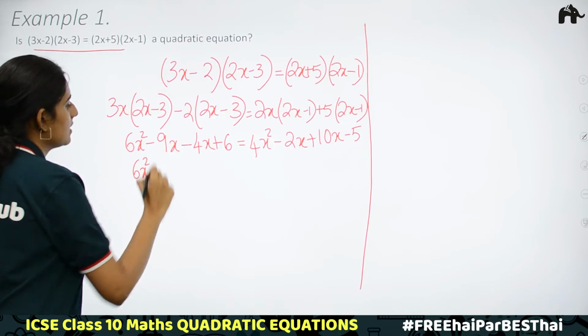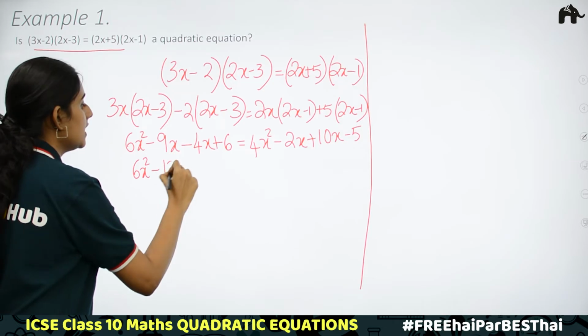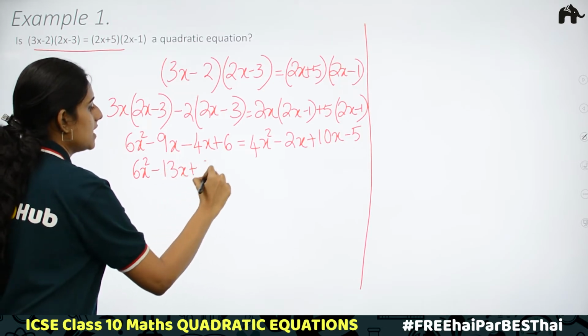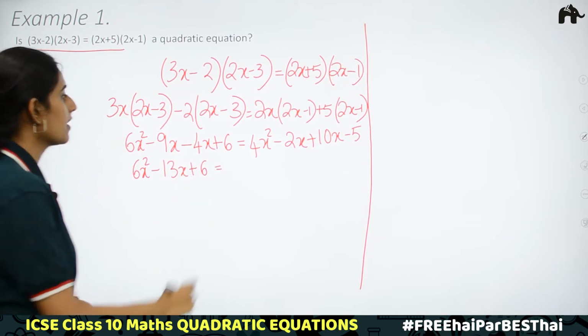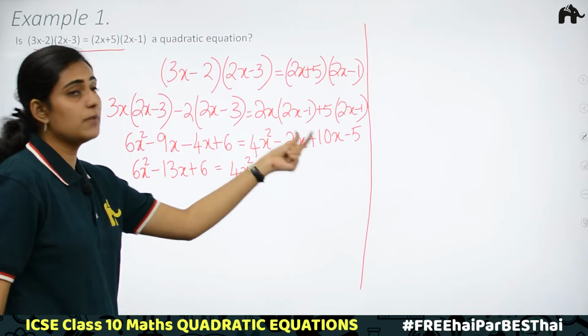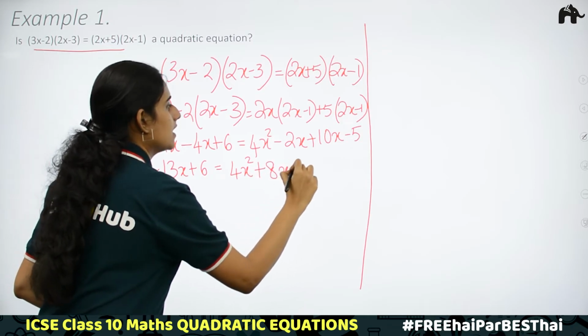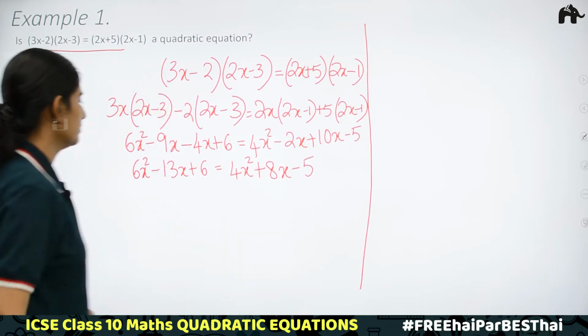6x square minus 9x minus 4x, which is minus 13x, plus 6 is equal to 4x square minus 2x plus 10x. You will be getting plus 8x minus 5.